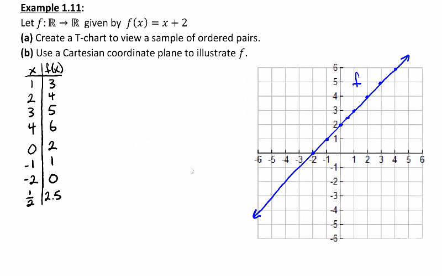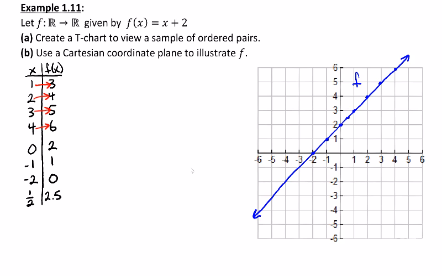The last map that we'll look at is example 1.11. And again, we have a table rather than an arrow map to help us in determining what type of mapping we're dealing with. But I'll notice the same trend that I did from example 1.10. 1 goes to 3, 2 to 4, 3 to 5.